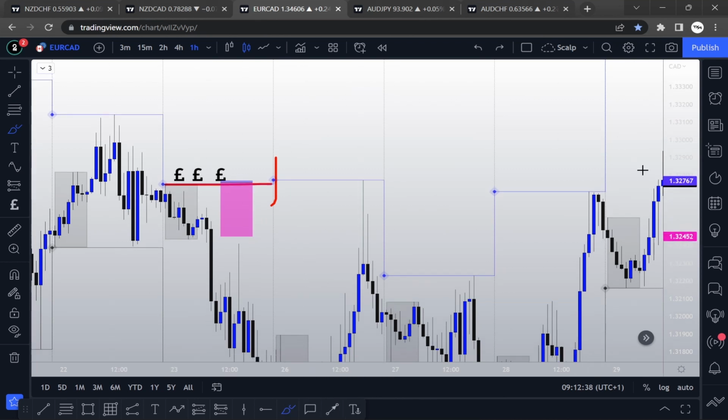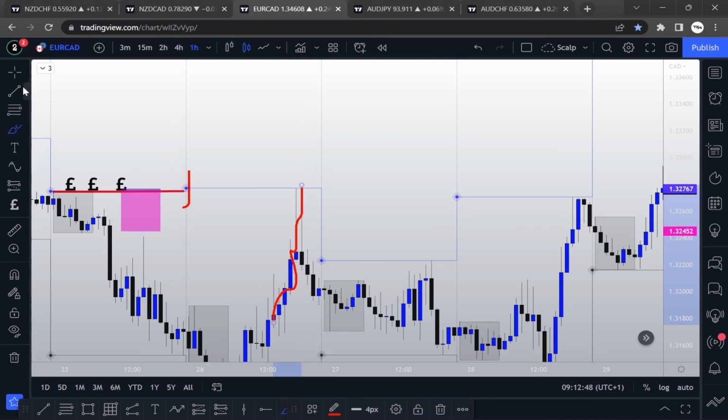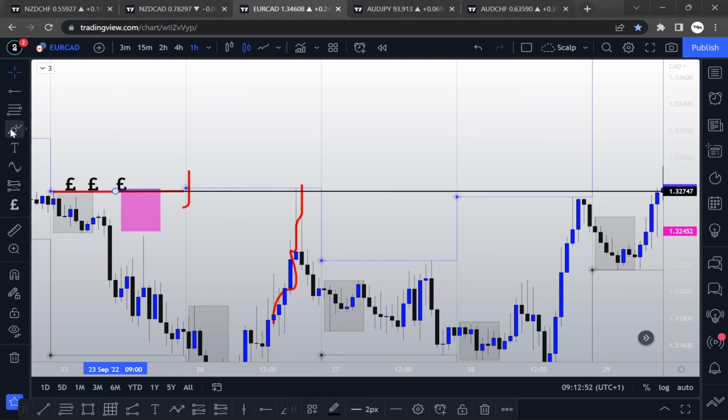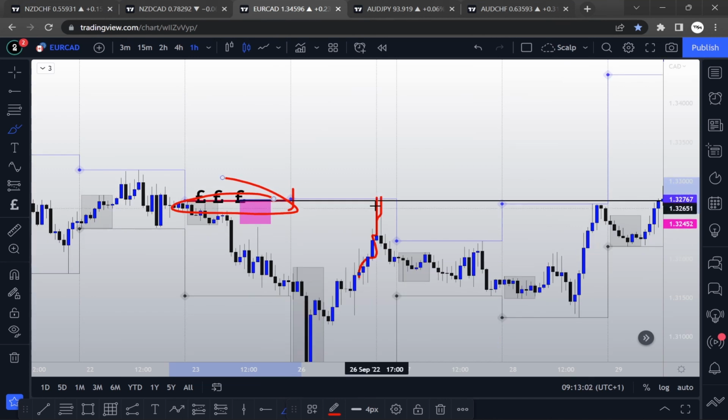And look at how on this day the price specifically made sure that it went just above this level over here. This wick went just above this level, grabbing liquidity from this day high, and then the price moved to the downside.